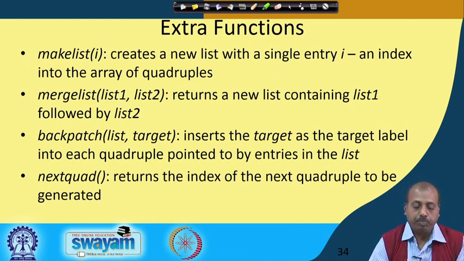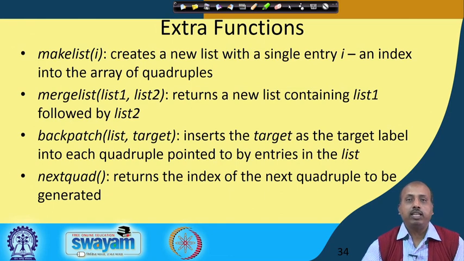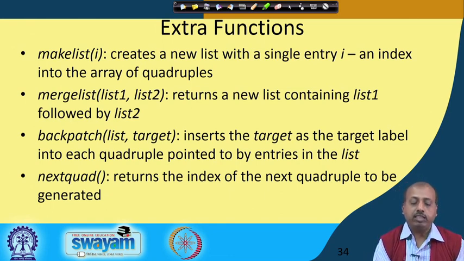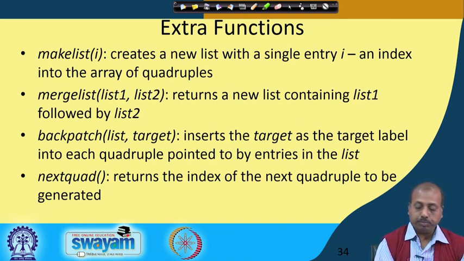All those locations will be filled up with the value of target. There is also a function called nextquad that returns the index of the next quadruple to be generated. Many a time we need to know the address of the next piece of code that will be generated, and that is given by the nextquad function.